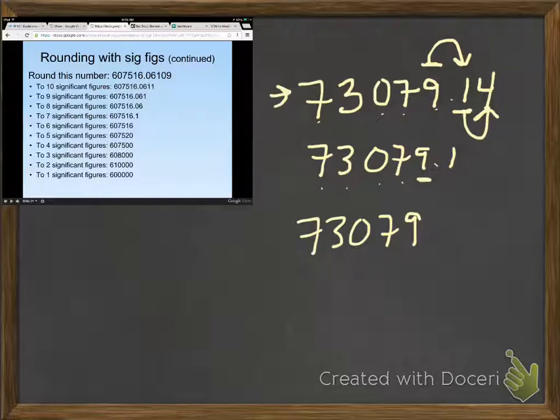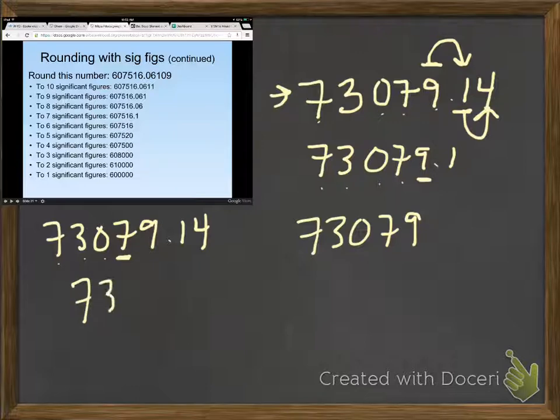Now, let's say that we've been told we can only have 4 sig figs in our final answer. So our original number has to go to 4 sig figs. Well, 1, 2, 3, 4. That's the last number we can keep. Okay, 7, 3, 0. Well, that 9 is above 5, so that'll round to 8.